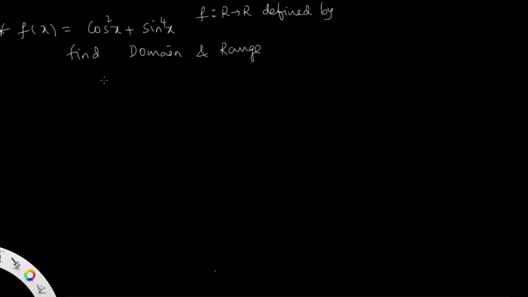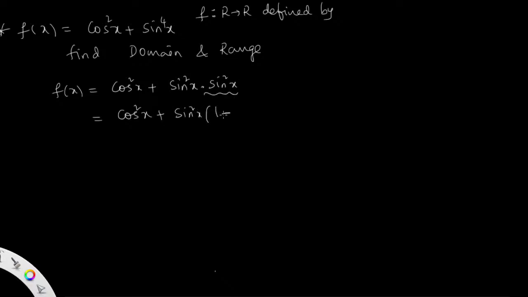We know f of x equal to cos square x plus, I am splitting sin power 4x into sin square x into sin square x. Cos square x, keep it as I am saying, sin square x also keep it the same. Now write the other sin square x as 1 minus cos square x.